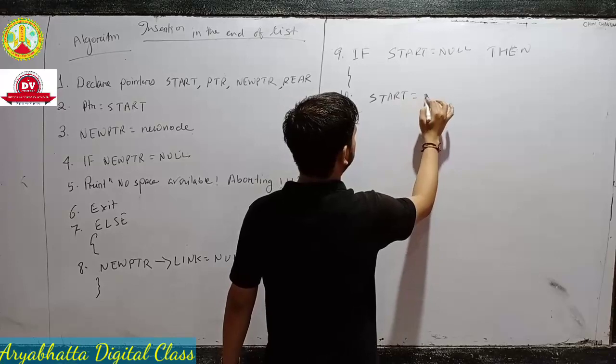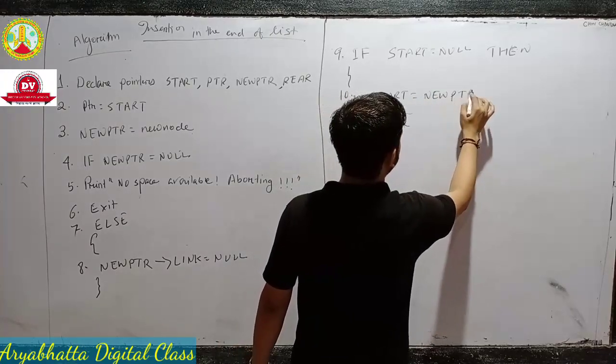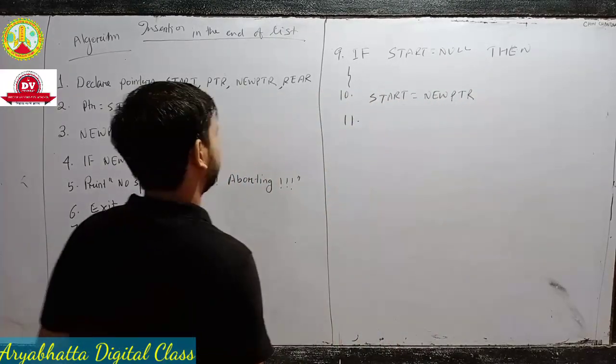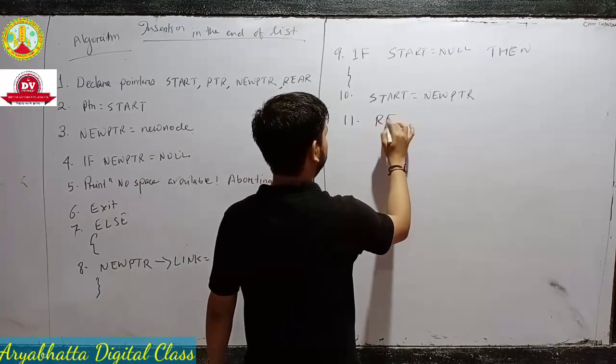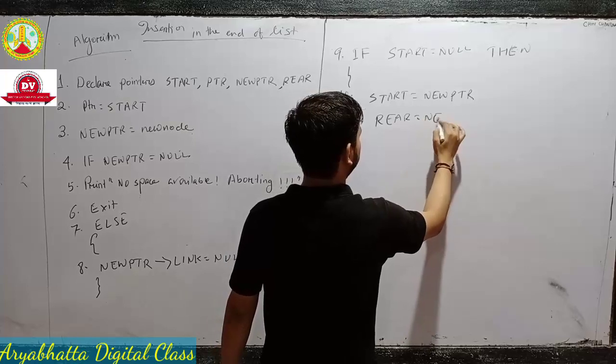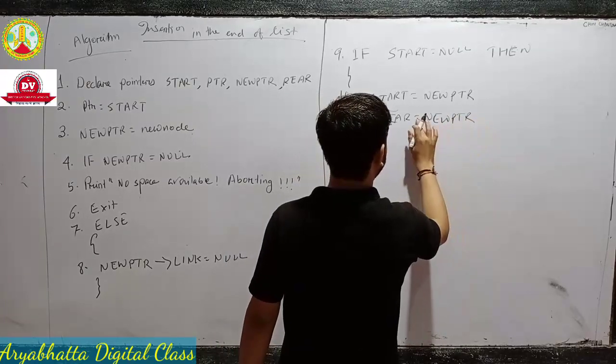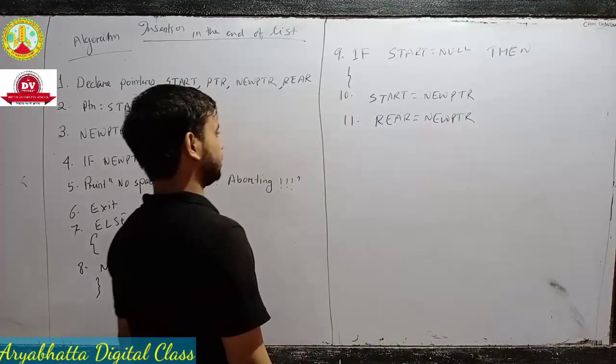This is the easy concept. Rear is equal to new ptr. Rear means what? This list is empty, so everything will be start, last, same thing.